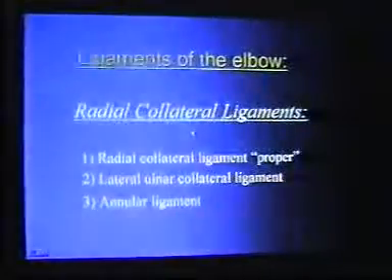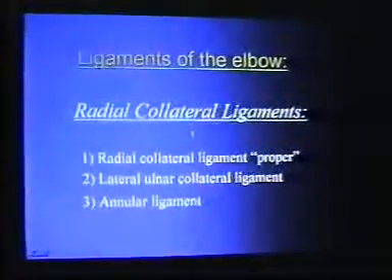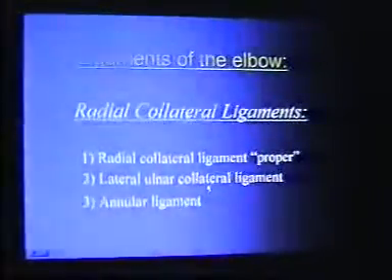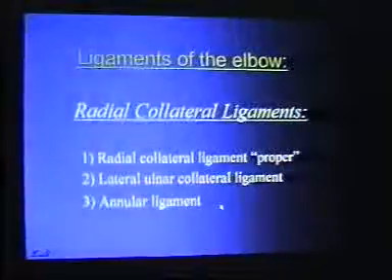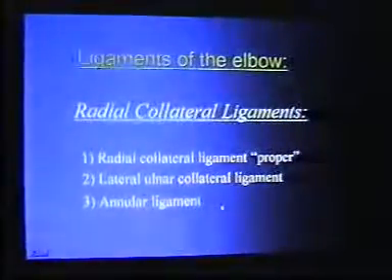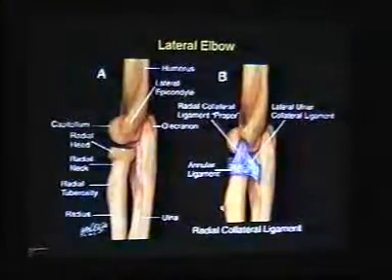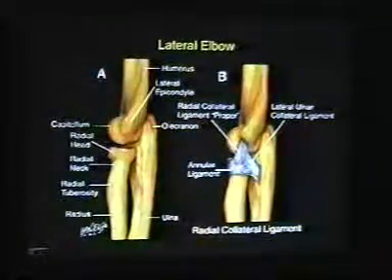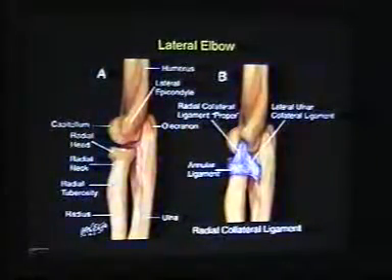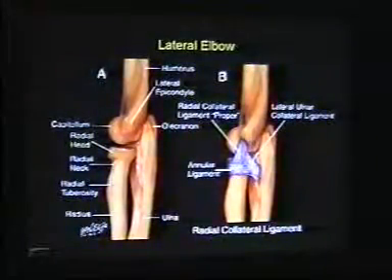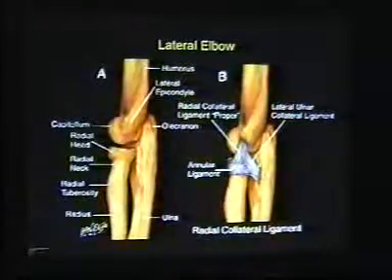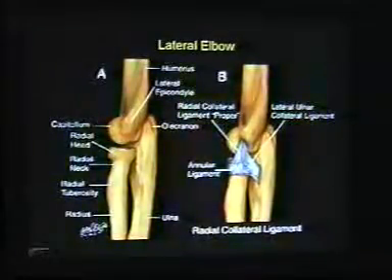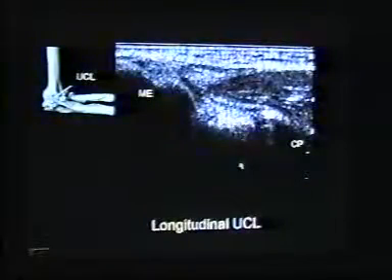Ligaments of the elbow include the radial collateral ligaments, which are the radial collateral ligament proper, lateral ulnar collateral ligament, and annular ligament. Here we can see the annular ligament, radial collateral ligament, and lateral ulnar collateral ligament. These are the radial collateral ligaments on the lateral elbow.